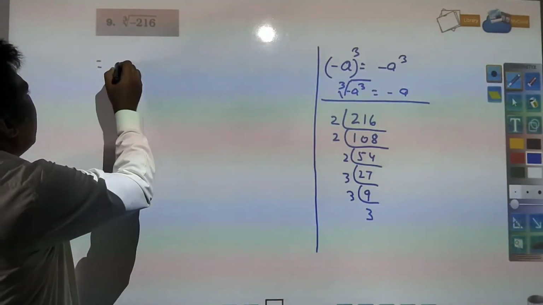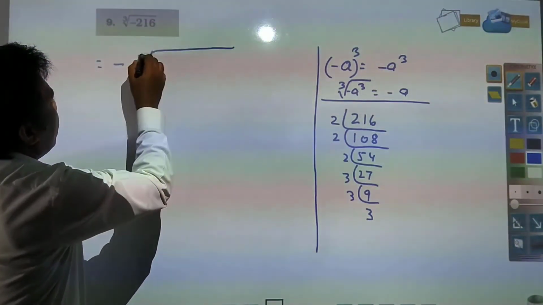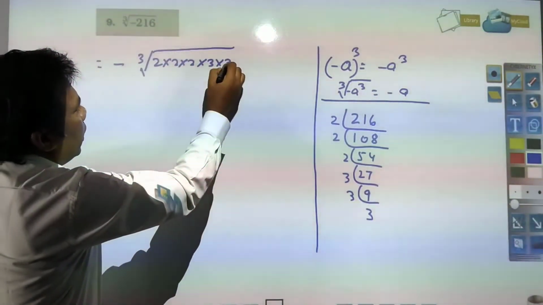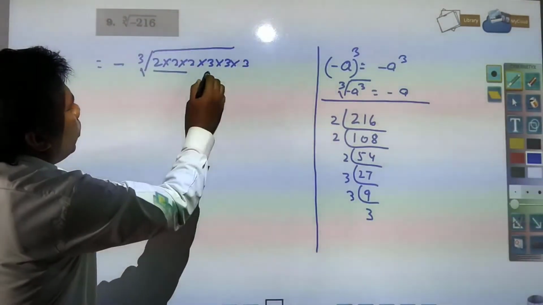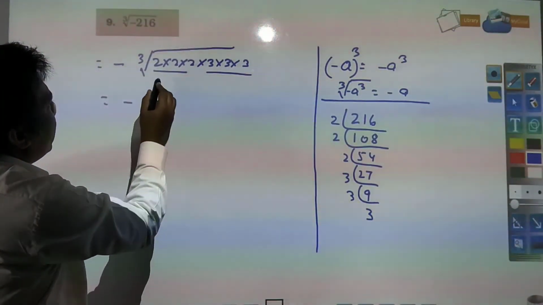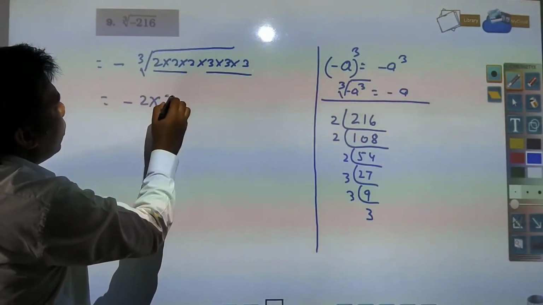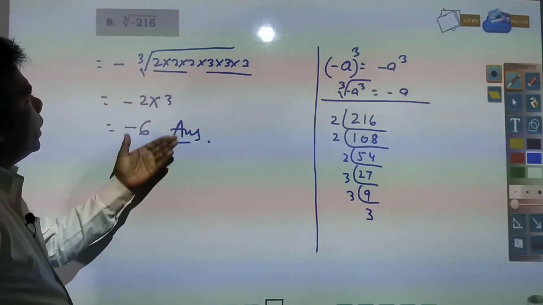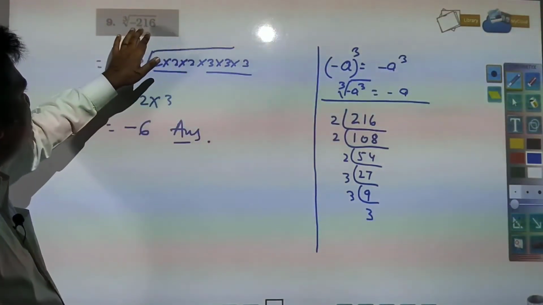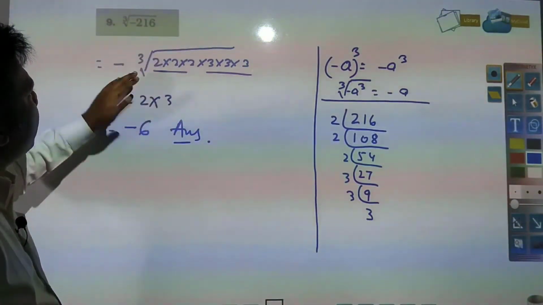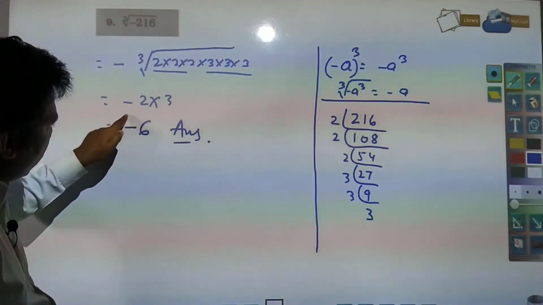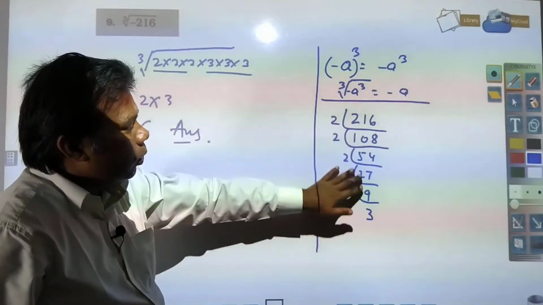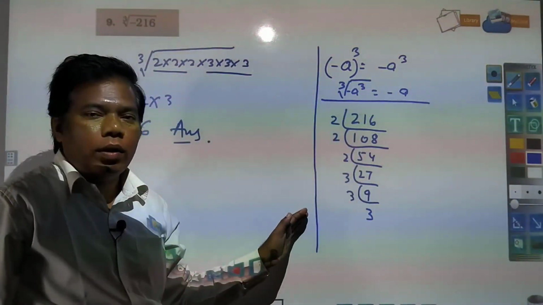So we write minus cube root of 2 into 2 into 2 into 3 into 3 into 3. Now you see you have two triplets, so you will have 2 into 3, and finally you will get minus 6, and this will be your answer. In this way we need to solve. If you have a negative integer, the result will be negative, and you need to remember that. Otherwise, the prime factorization you do for positive integers, the same thing is required to be done.